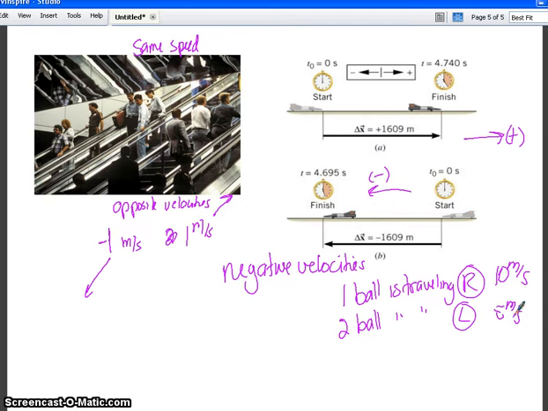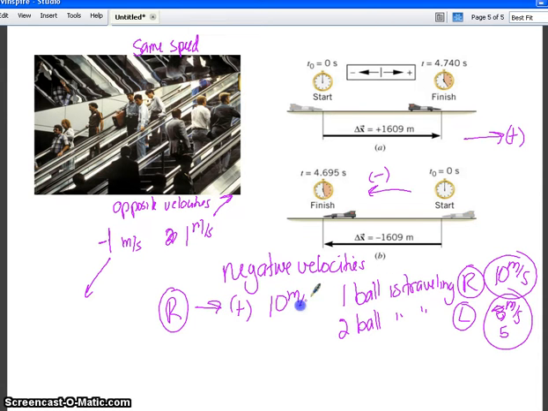You have to know, when I'm plugging these numbers, 10 and 5, into whatever equation I need, if I call to the right positive, then I'm going to plug in 10 meters per second. And if I call to the left negative, I'm going to plug in negative 5 meters per second.